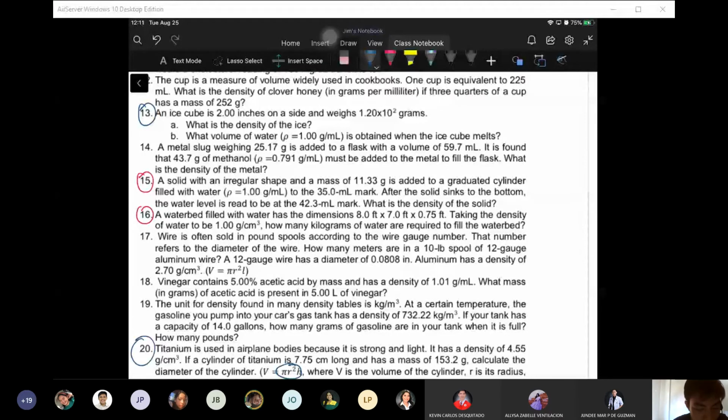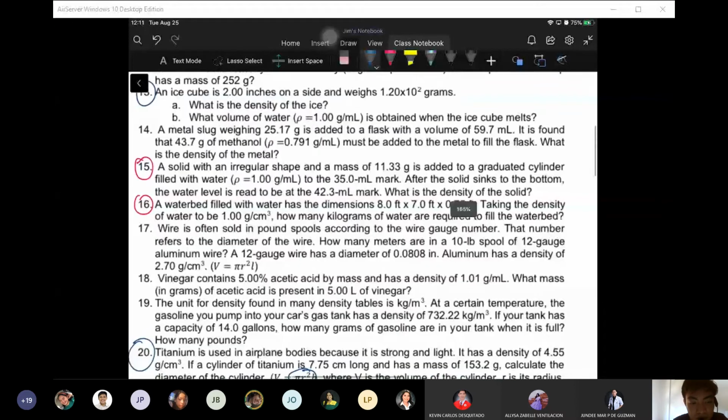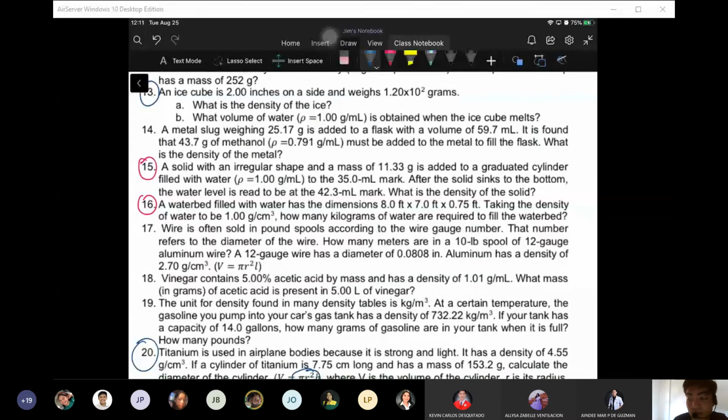In displacement method, if you have an irregular solid and you want to determine its volume, all you have to do is check the change in the volume of a liquid. The change in the volume of the liquid corresponds to the volume of your solid.